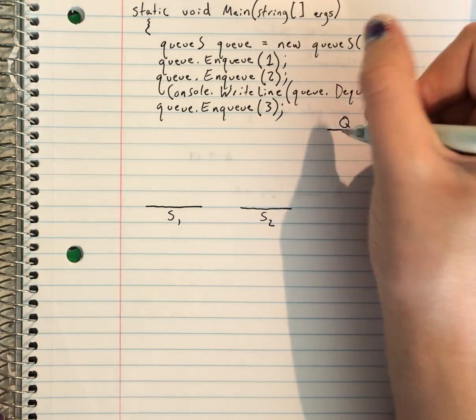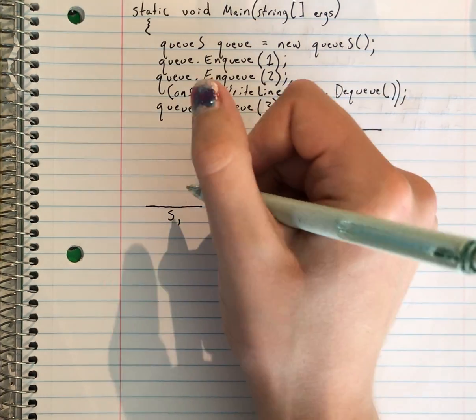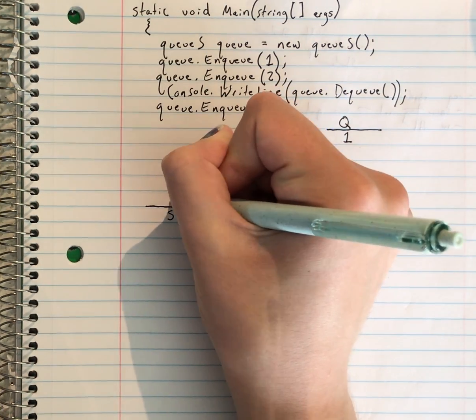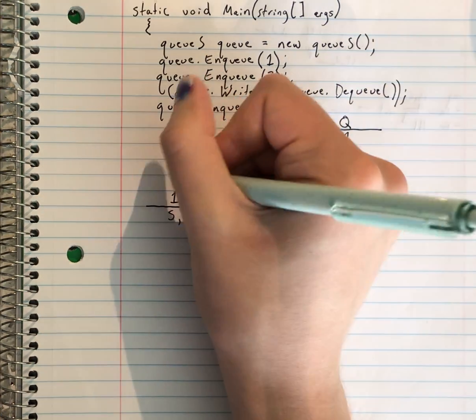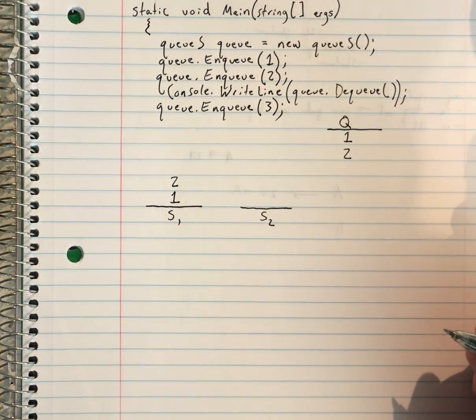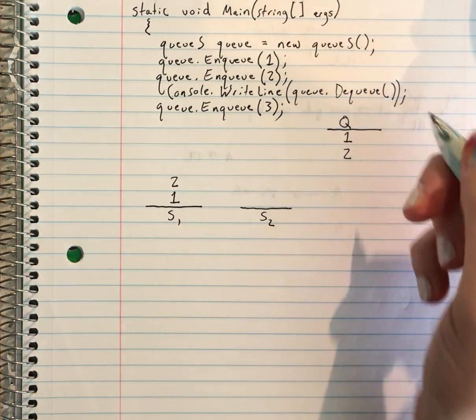So what we're doing is enqueueing here. That gets thrown into stack 1. We'll enqueue again. 2 gets thrown into stack 1. We'll dequeue.